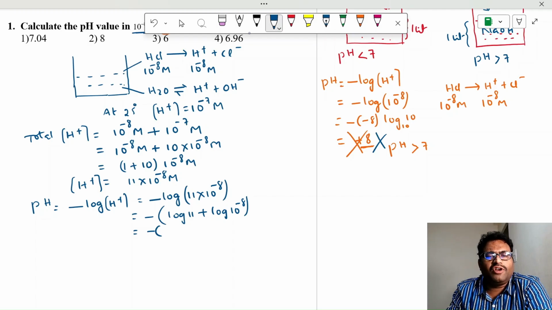Log 11 is 1.04, and log 10 power minus 8 is equal to minus 8 log 10.